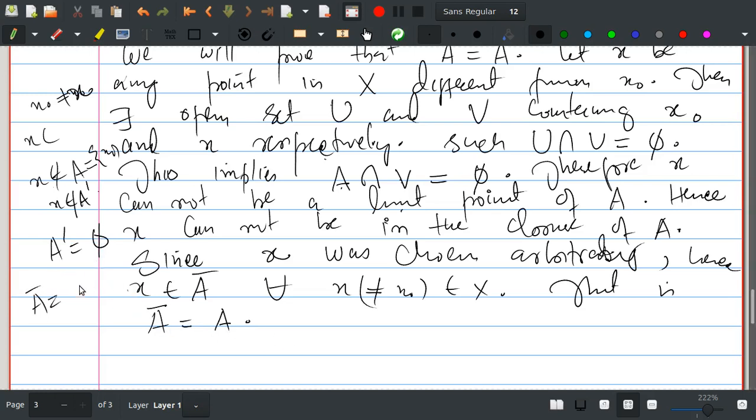Therefore A closure means A union A prime, which is A union empty set, and that is A. So hence A is closed.